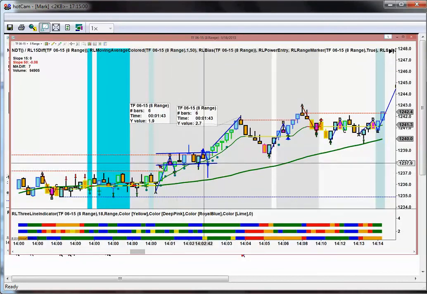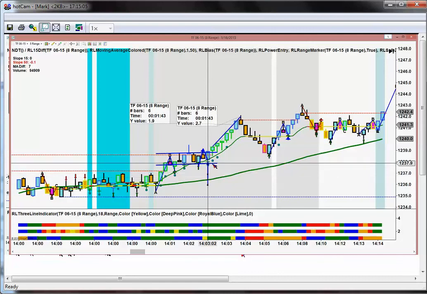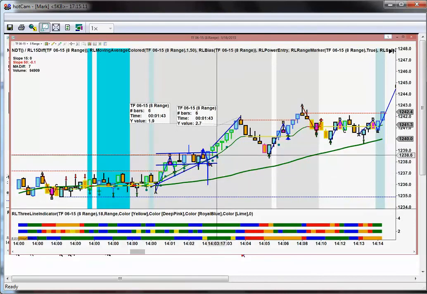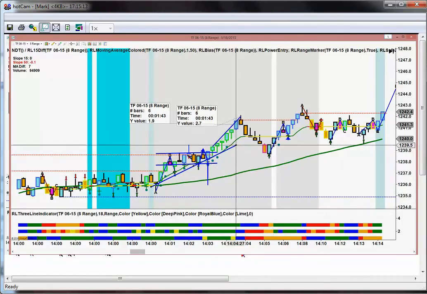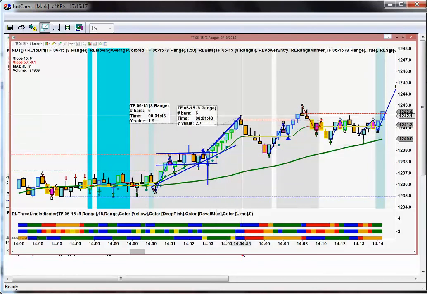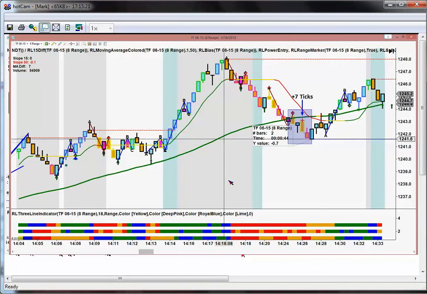Again, here it is. Patience, patience, patience. Sideways action. You want to take it right off the modified 15. All sideways action. And the 15 never stops. Just keeps heading up.